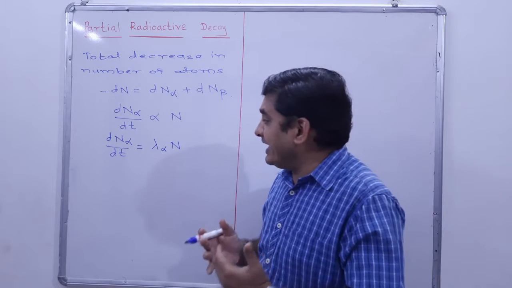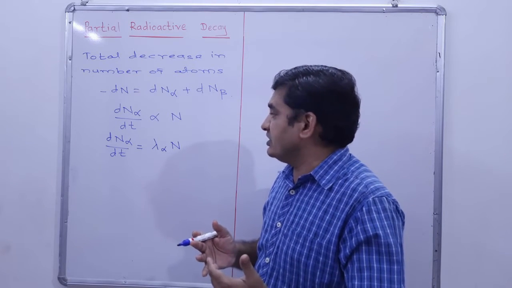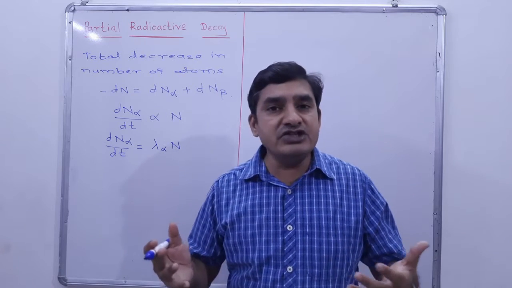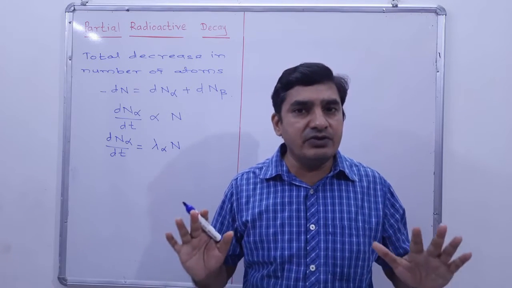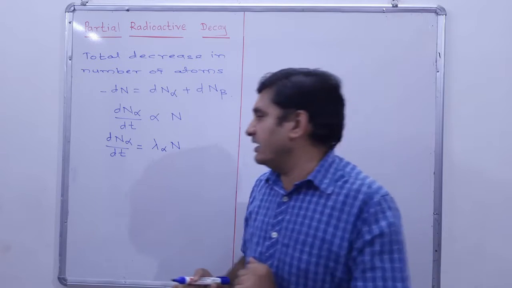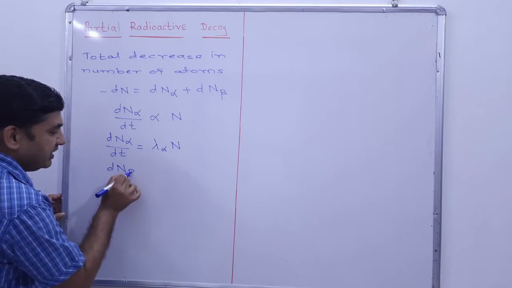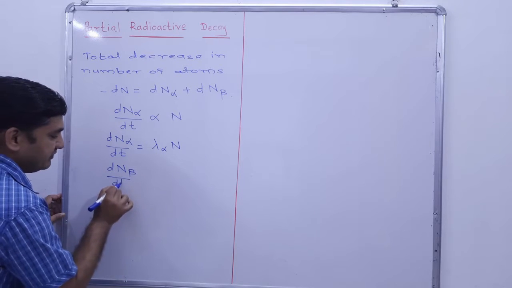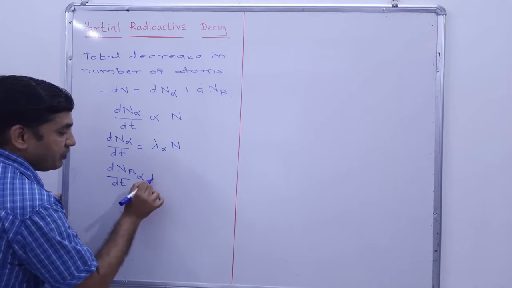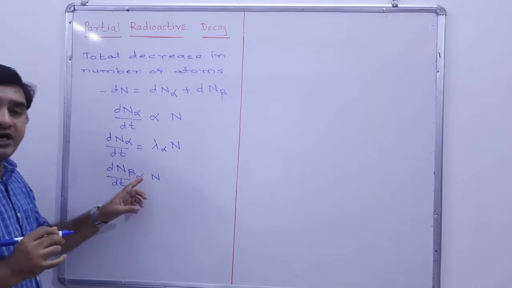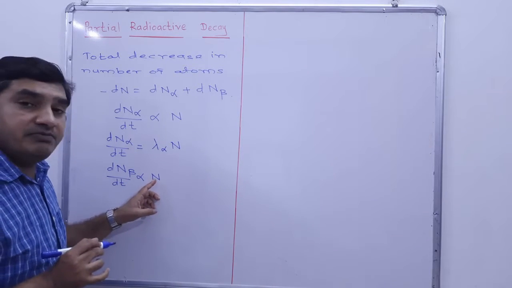Similarly, the rate of disintegration of radioactive nuclei for beta particles, dN beta divided by dt, is directly proportional to N, the number of radioactive nuclei at a time t.